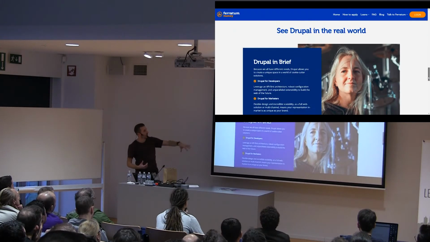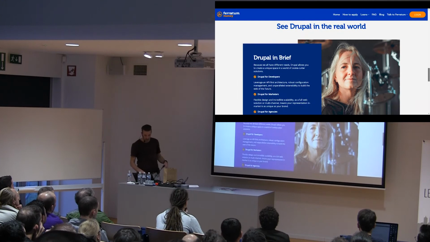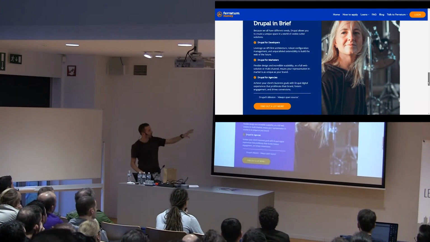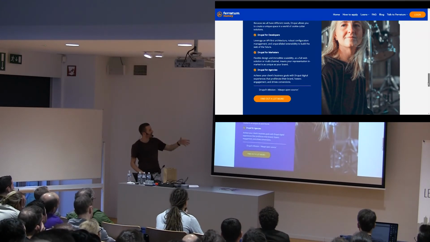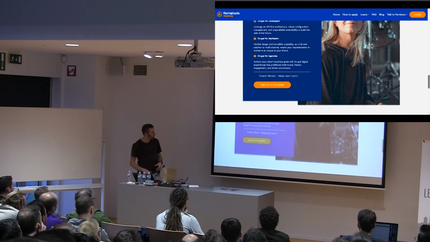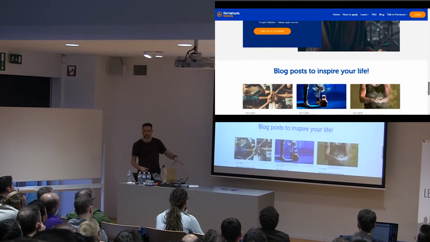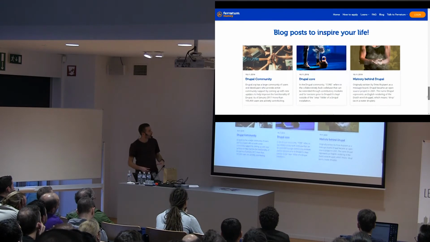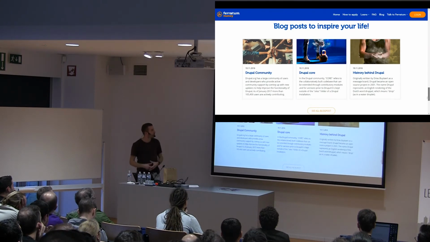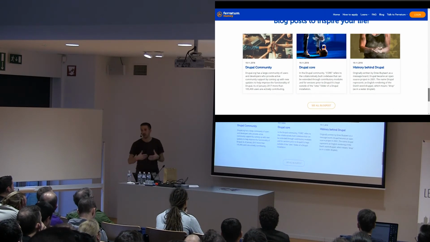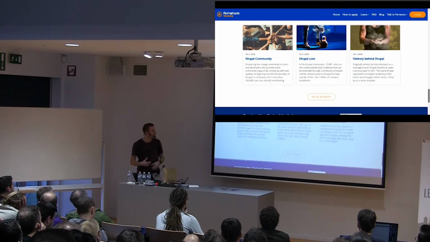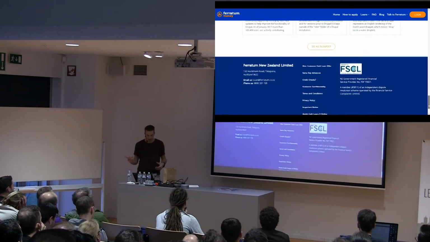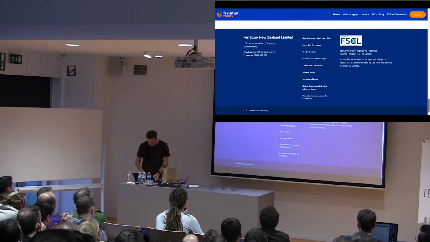And this is the latest variation of the photo component with different background and text colors and so on. And below you have a list of blog posts, and below blog posts you have a footer. So basically, all these things are embeddable on every page with the help of paragraphs.